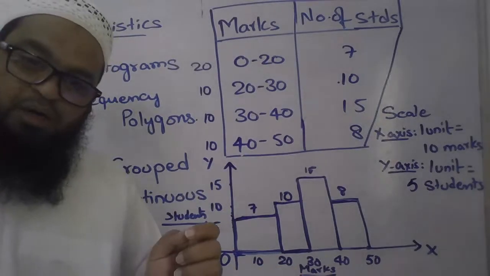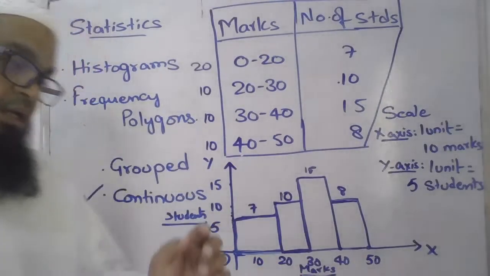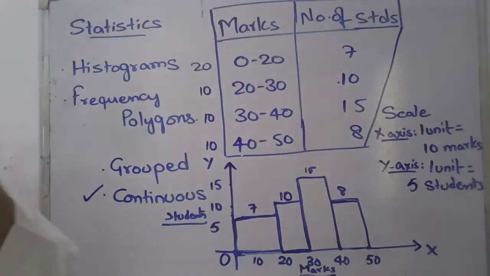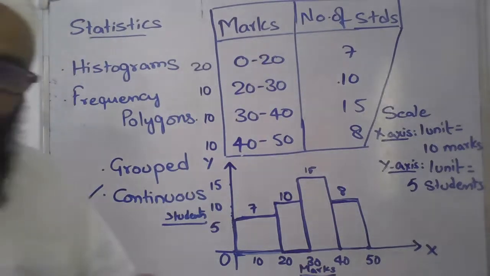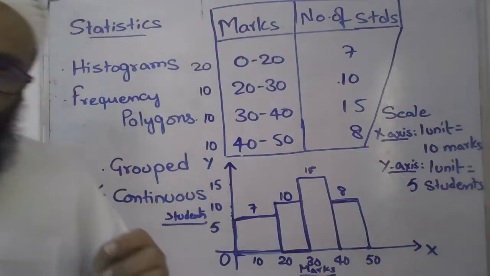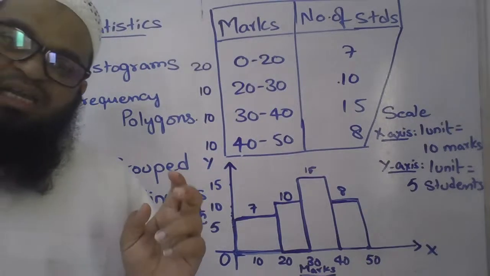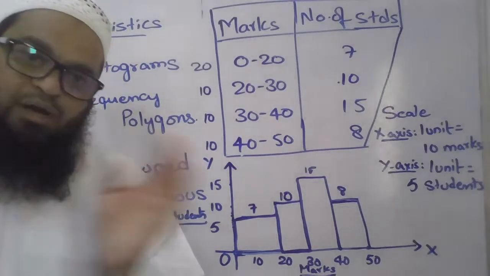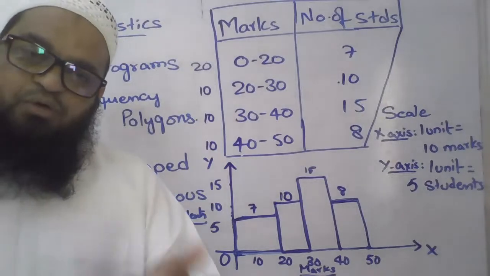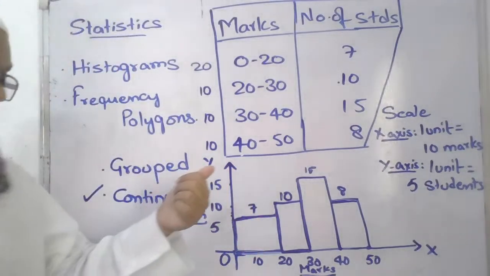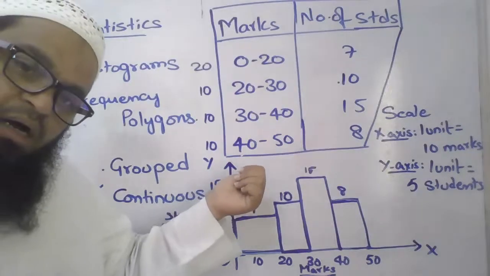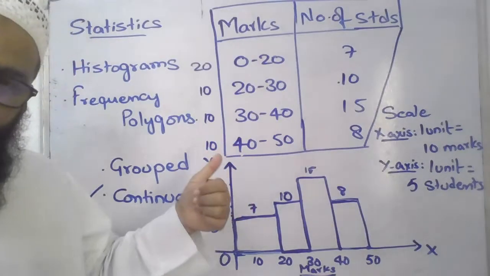This is important. So 1 unit is equal to 5 students. Good. Now, they will give you the table. For this year, you will be given a table. You will not be given raw data and asked to find out the classes. So that's why I explained directly how to draw a histogram from a table.